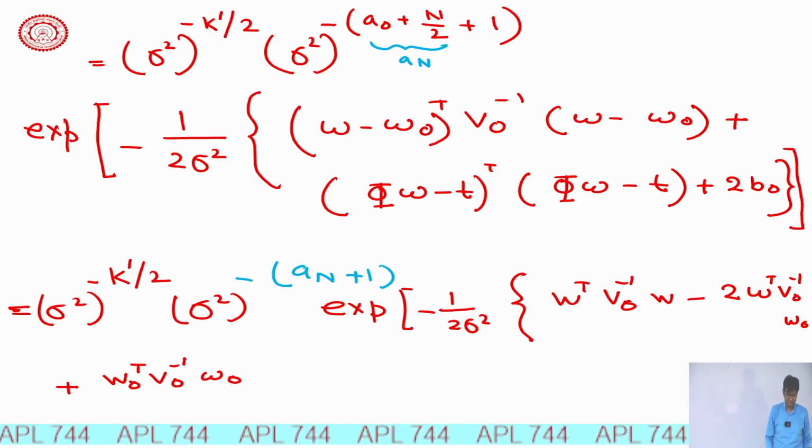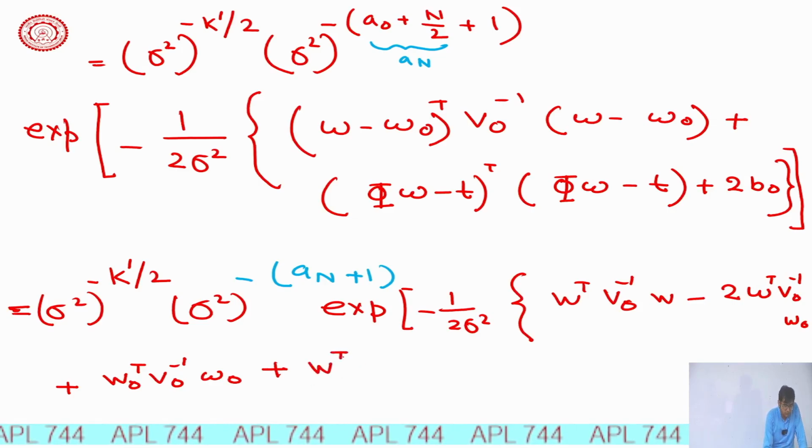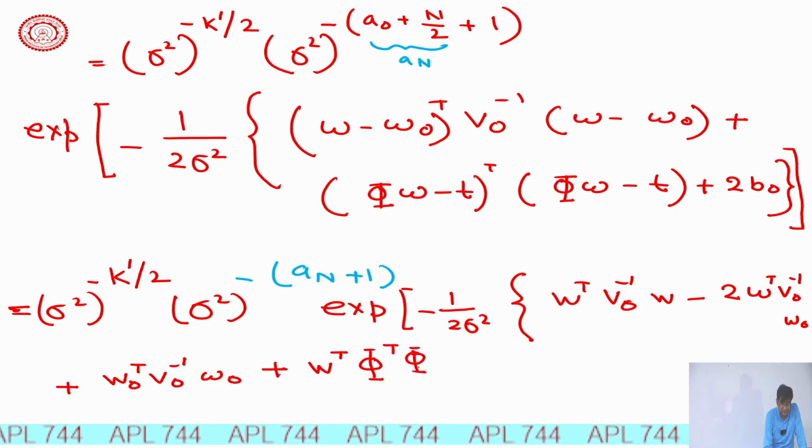Come to the second bracket, plus the first term will be W transpose phi transpose phi W. Continuously check the dimension when I am writing these things, like phi is n cross k.